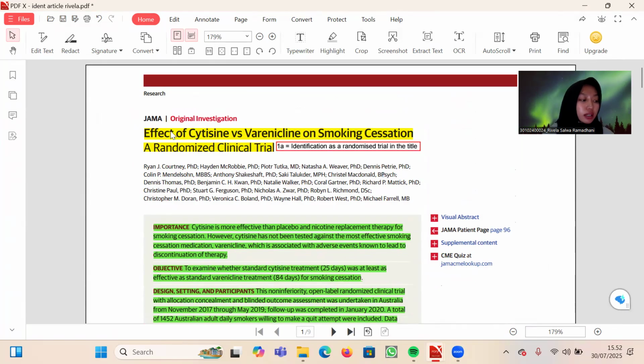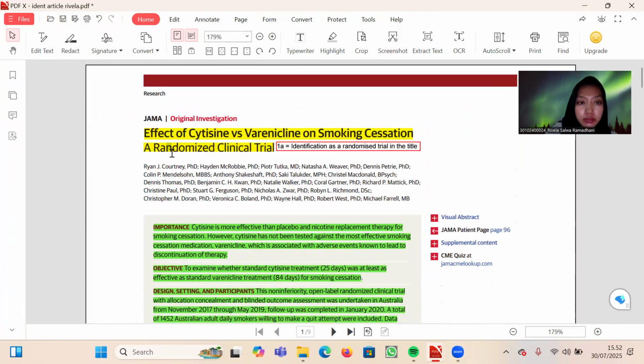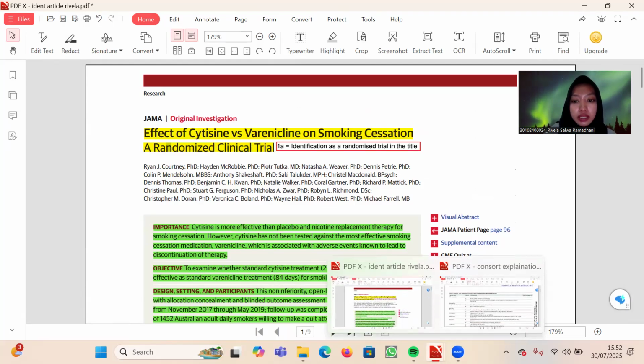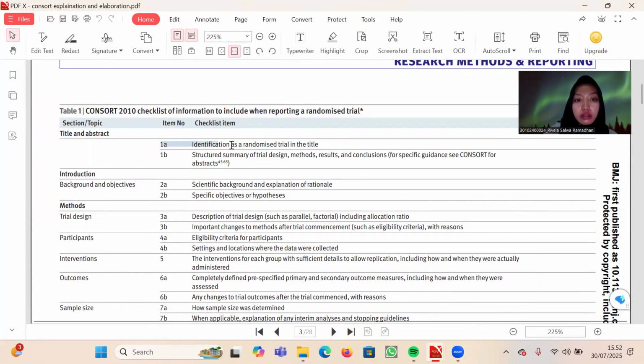In this case, the article title is Effect of Cytisine versus Varenicline on Smoking Cessation, a randomized clinical trial. So, this item is clearly satisfied. This is item 1A on the checklist.